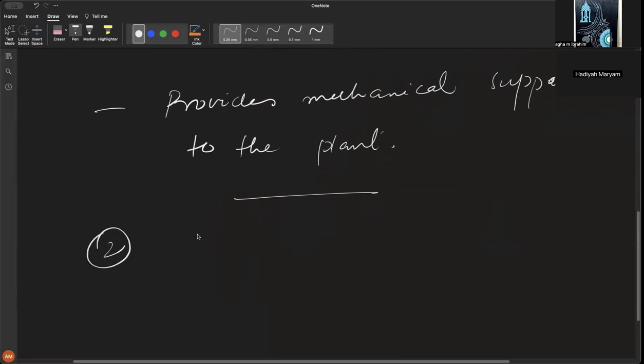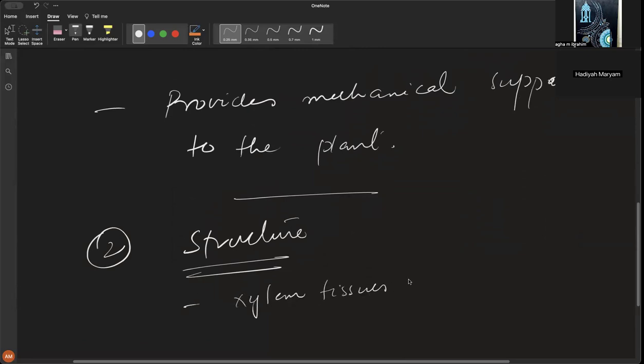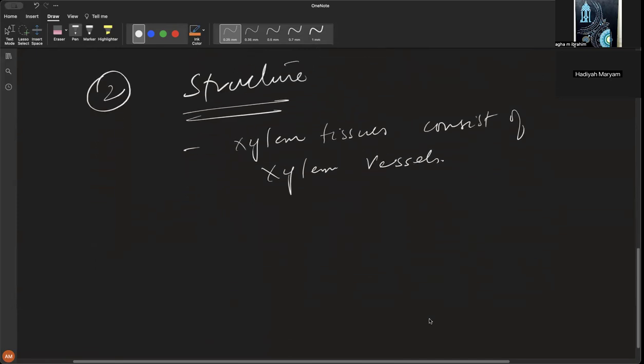The second important point we had to discuss was structure, which is one of the most important ones. When we talk about structure, tissues consist of xylem vessels. What are xylem vessels?